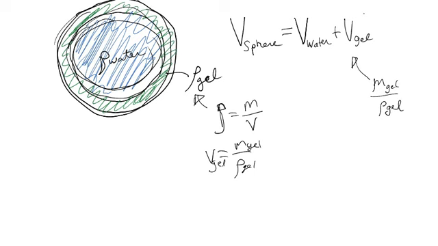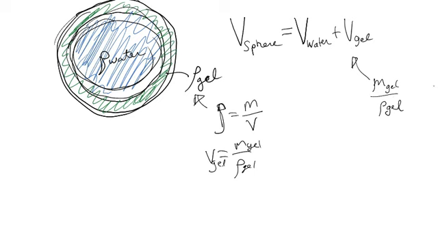So now we have an equation where we have the volume of the sphere, which we can figure out because we can measure, say, its radius, and the volume of the water. That's something we're going to have to figure out, and then we'll be able to solve for the density of the gel.